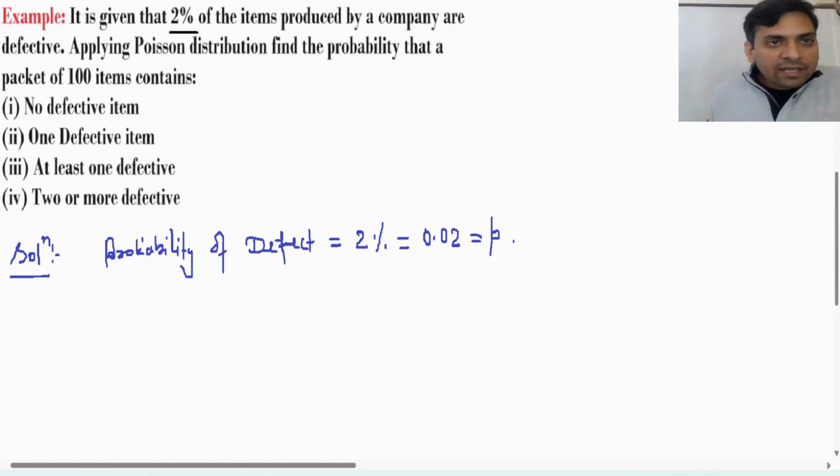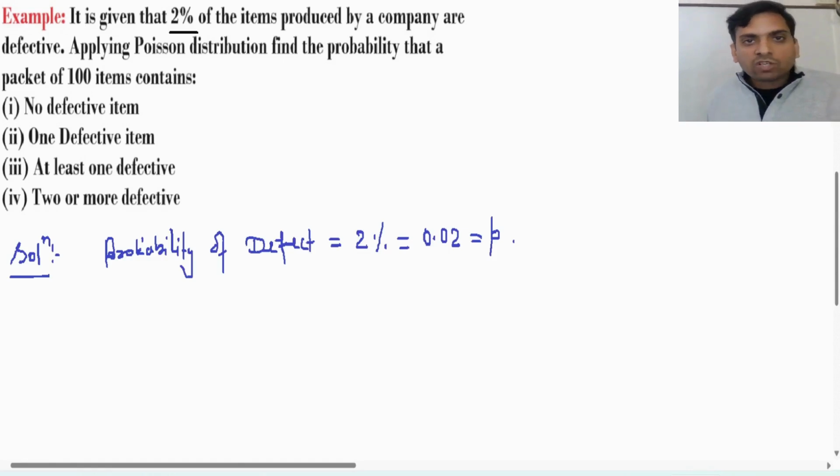Now next line, applying Poisson distribution, directly given. We need to apply Poisson distribution. Sometimes this line is not given. There may be chances where mean and variance are equal, or if the mean and variance of data are equal, then find the probability of something. Clear? So in this case it is already given, this is Poisson distribution.